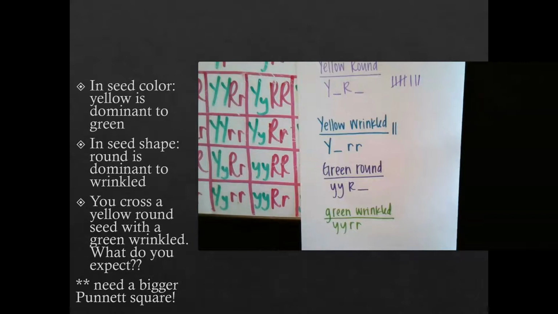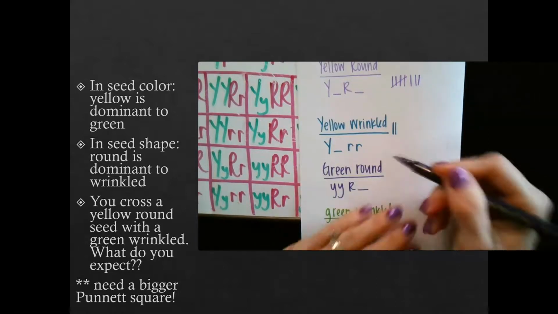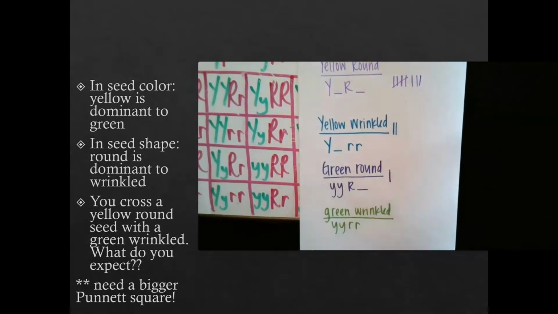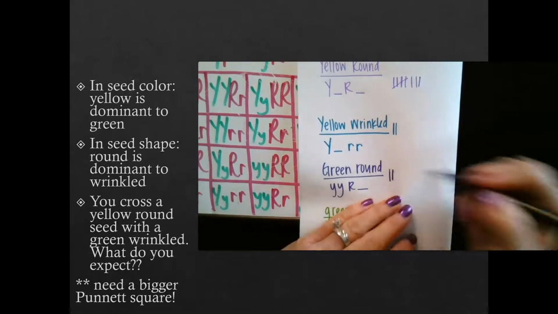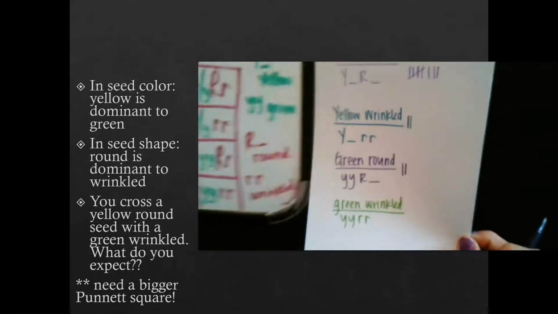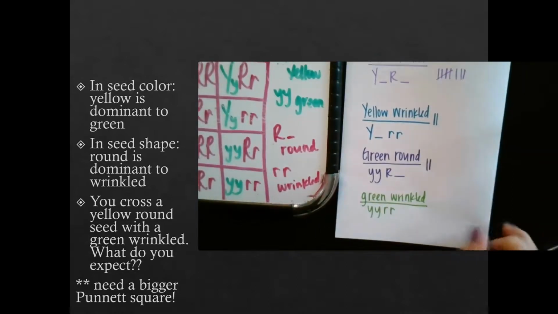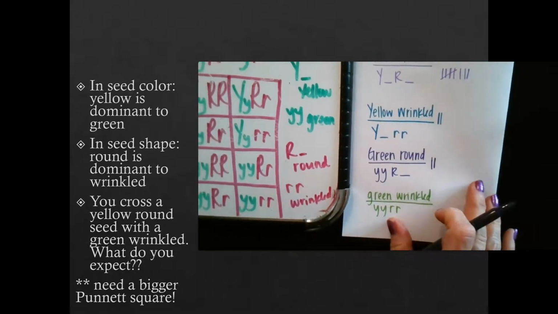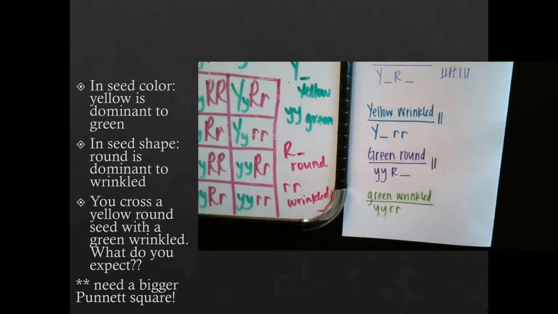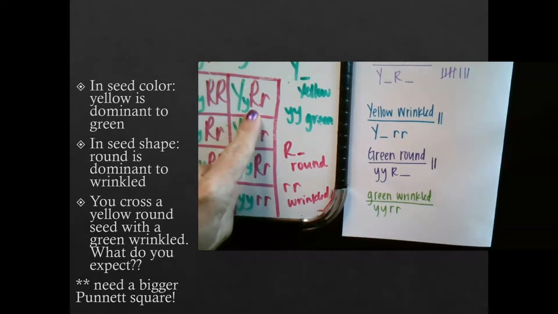Green and round. That's our first green and round. So I'm going to grab another color for my green and round here. Green and round again. And my last column, up top, once again, yellow and round.